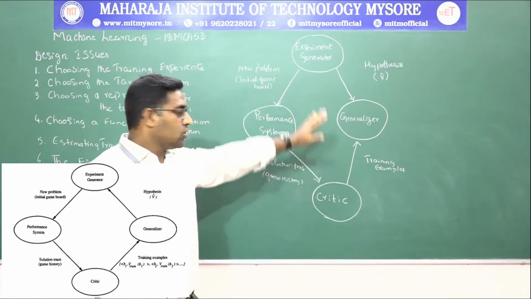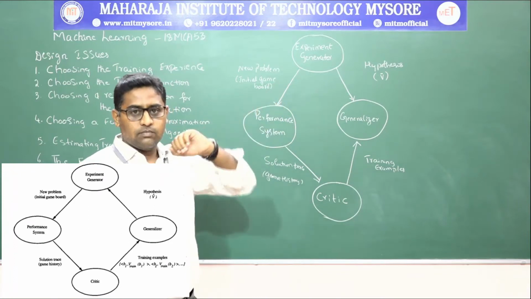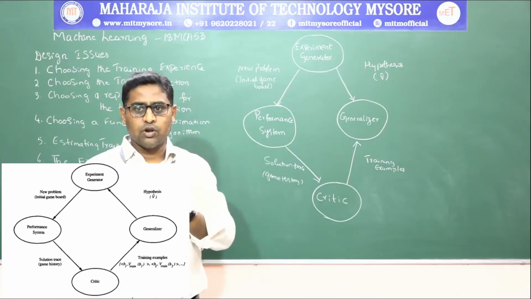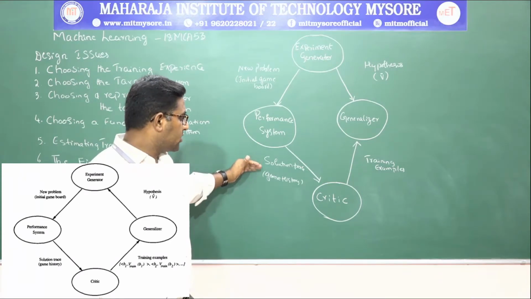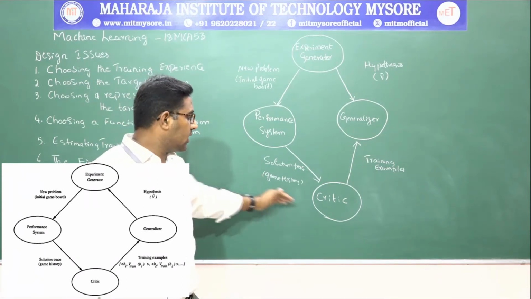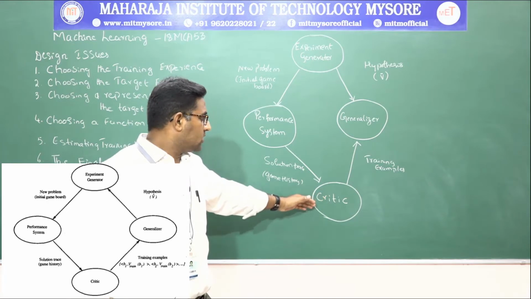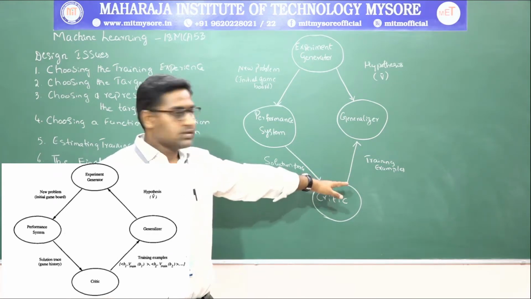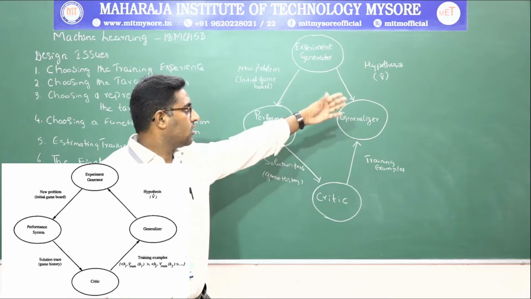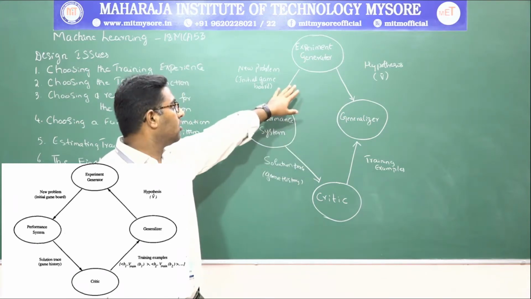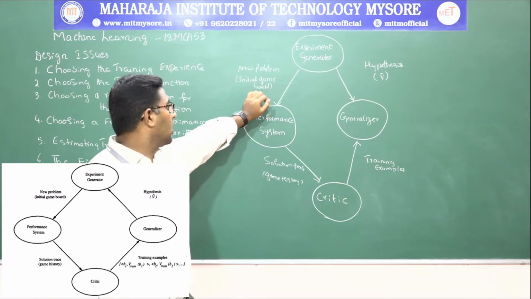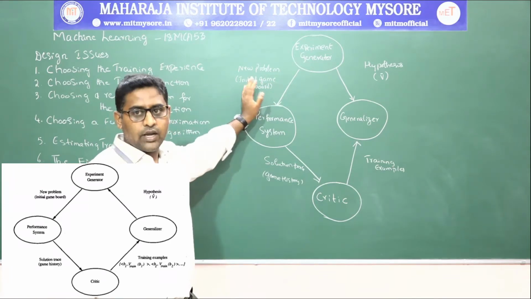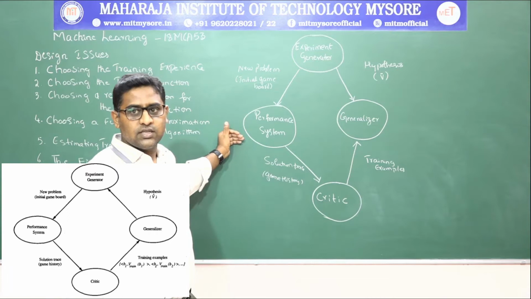These are the 4 modules which will represent the learning system of a checkers program. In the performance system there will be a solution trace of the game history, and in the critic you will be checking with the training examples, and you will go to the generalizer and you will go with the hypothesis, and finally you will go for the experiment generator and you will go with the initiation of the game board, right. So now what is the performance system?